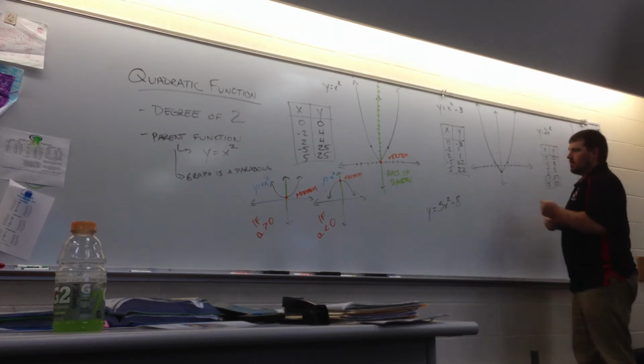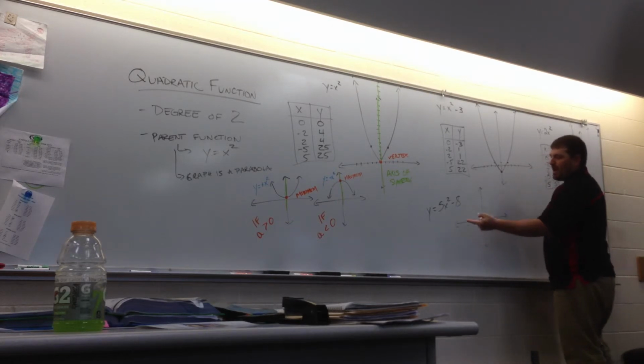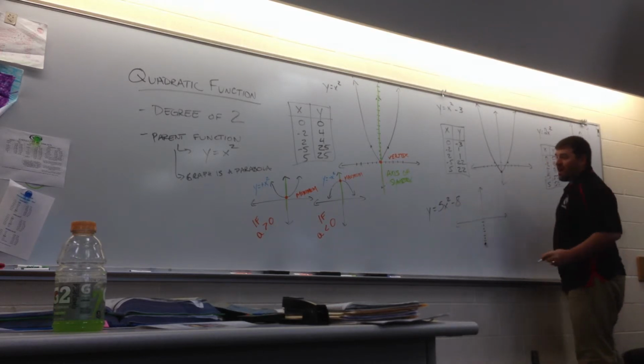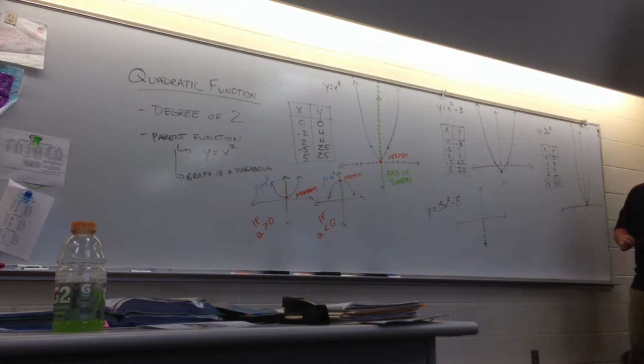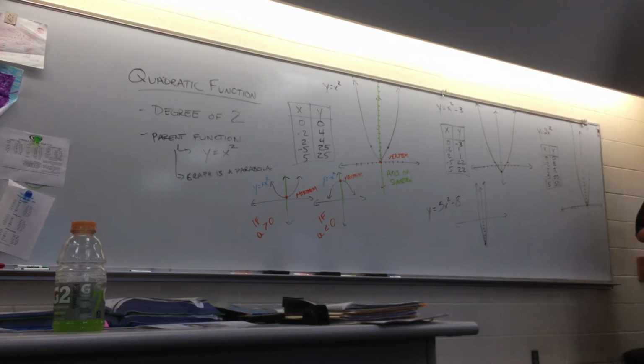Okay? So if you just had to do a quick little mock-up of what this might look like, you could go down 8, and then since it's 5, that's going to make it really skinny. Because 2 made it pretty skinny, 5 is going to make it really skinny. So it's going to probably look something about like that.